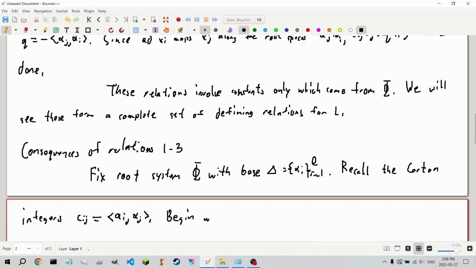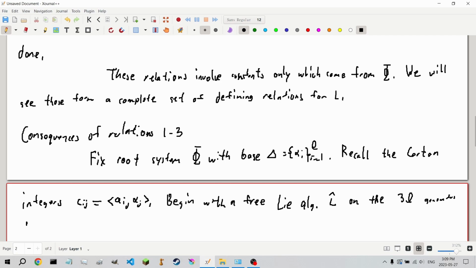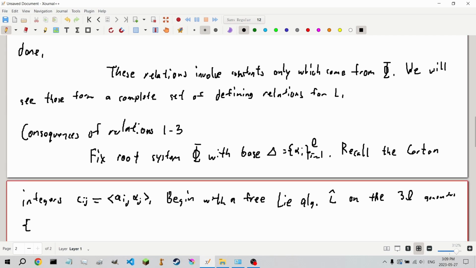Begin with a free Lie algebra L hat on the 3l generators x_i hat, y_i hat, and z_i hat for i of 1 through l, of course.